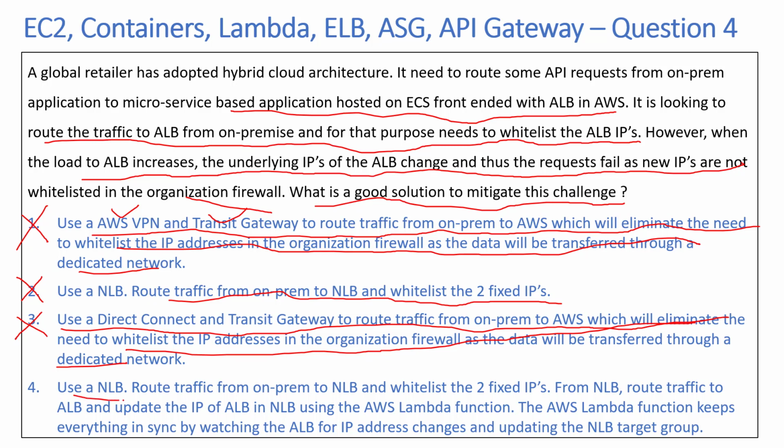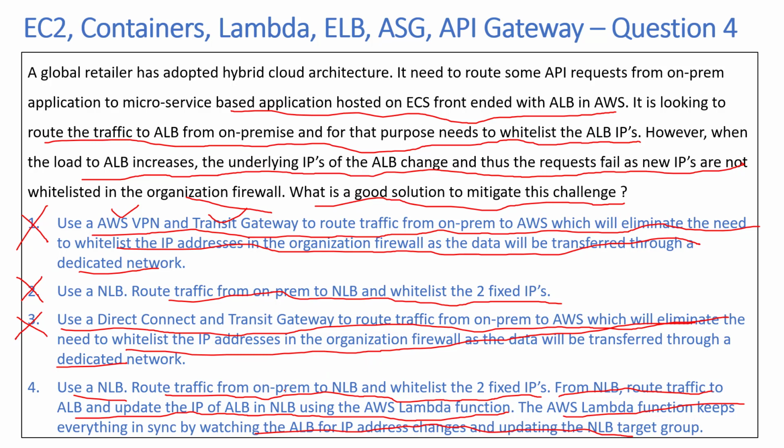Use an NLB. NLB will provide us two fixed IPs to which we can route the traffic. Route traffic from on-premise to the NLB and whitelist the two fixed IPs. From the NLB, route the traffic to the ALB and update the IP of the ALB in the NLB using an AWS Lambda function. The Lambda function will keep everything in sync by watching the ALB IP address change and updating the NLB target group.